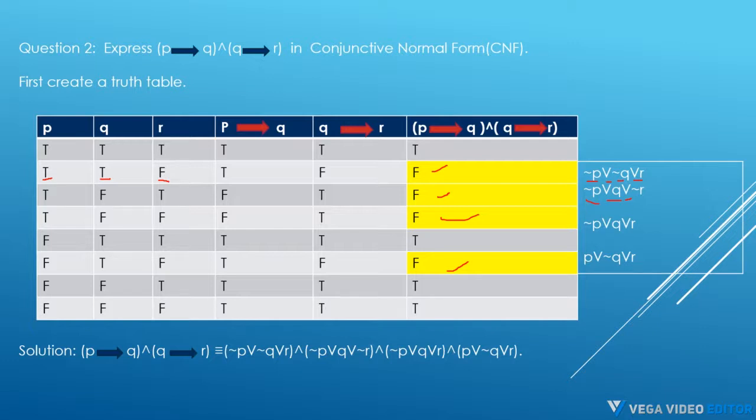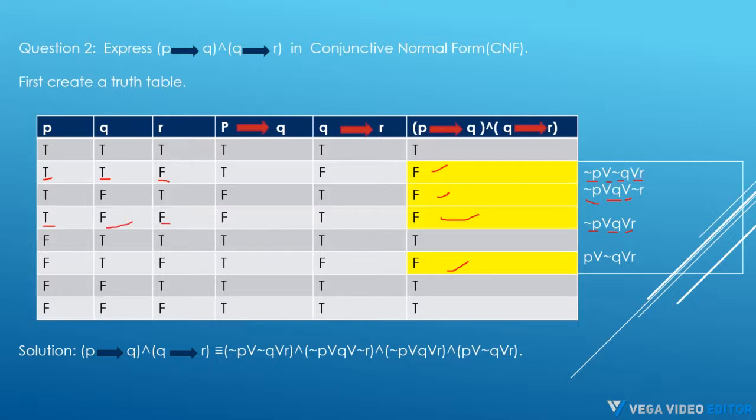We have not P or Q or R, which means P is true, not P is false, Q is false, and R is false. As you can see here, P is true, Q is false, and R is false.